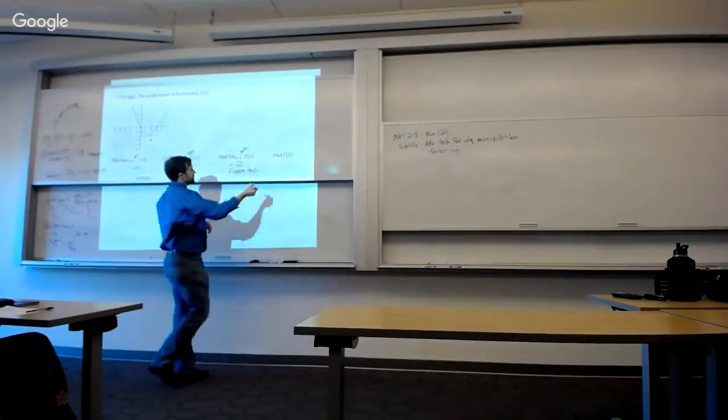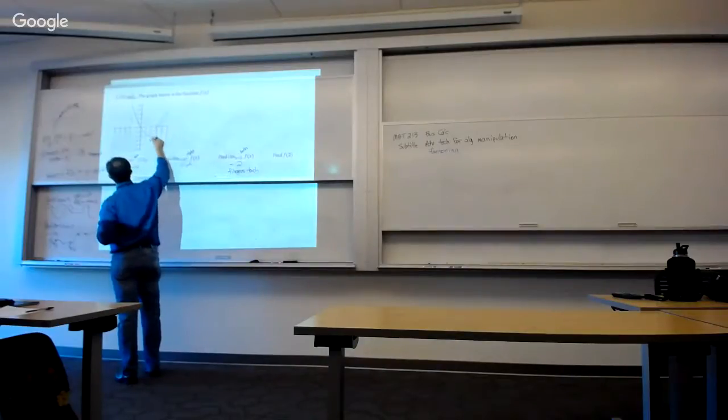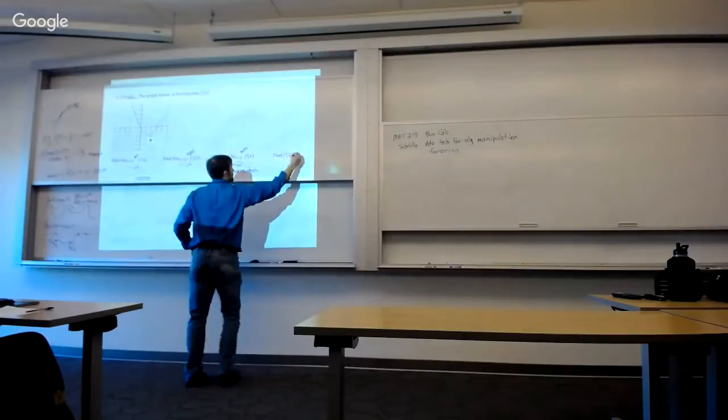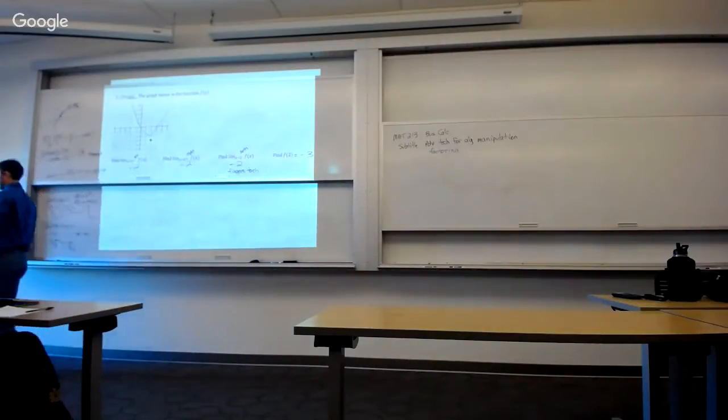And then finally, what's the actual value of f of 2? You plug 2 into the function, you actually get negative, because that's where the actual coordinate is. So that's our idea of approaching it from the left, from the right, from both ways simultaneously, and then where is the actual coordinate?